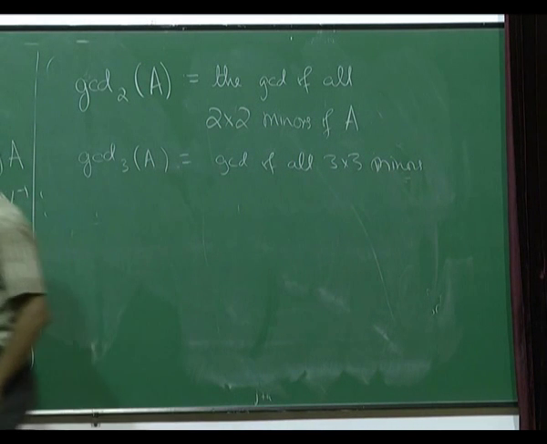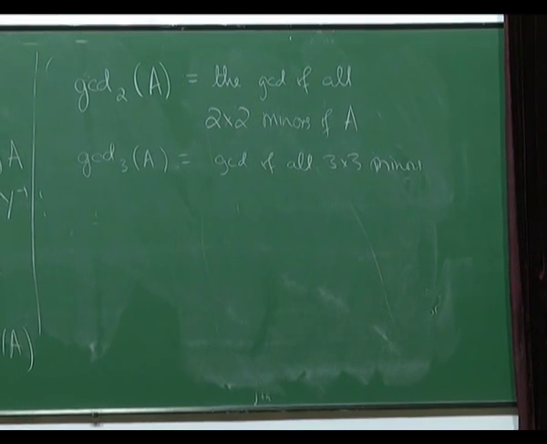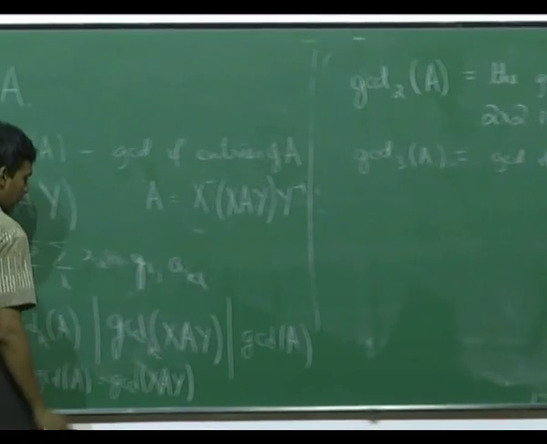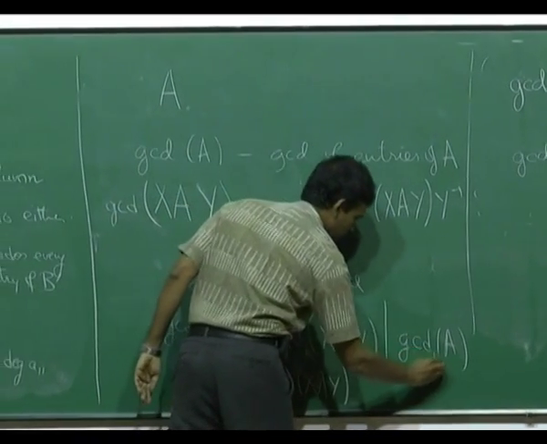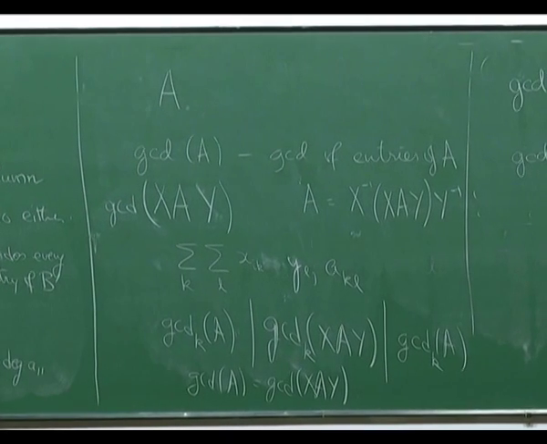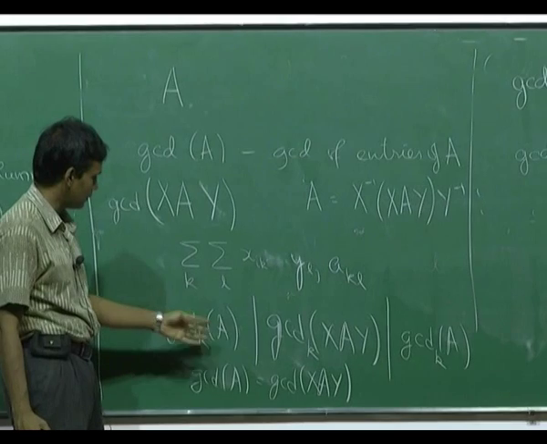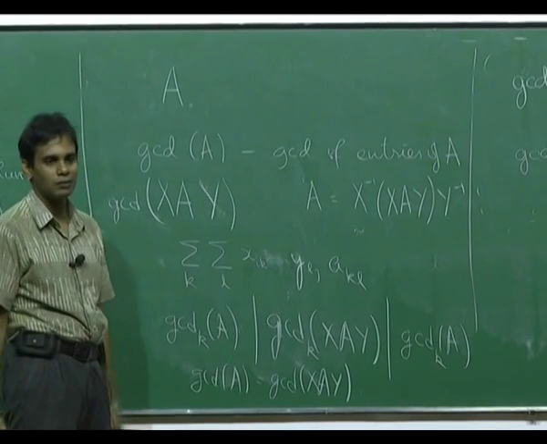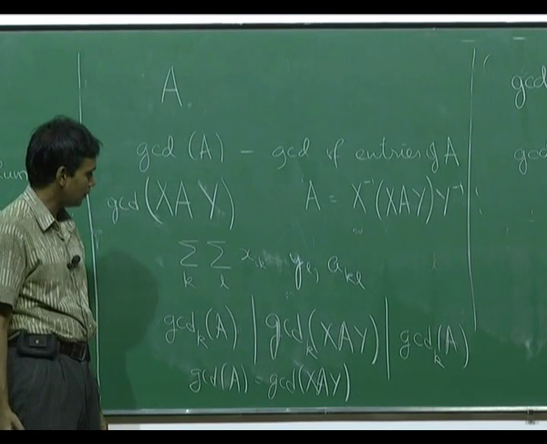And we showed that the GCD k of A divides the GCD of XAY, and by symmetry, because these are invertible, that this is also true. So all we have to do is figure out what is the relation between the minors of A and the minors of XAY.